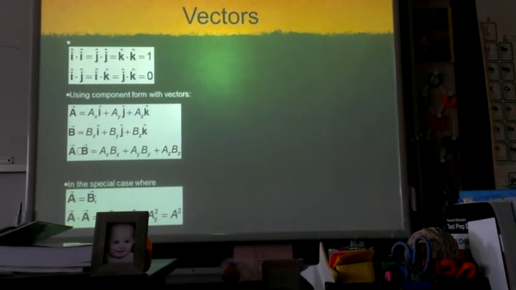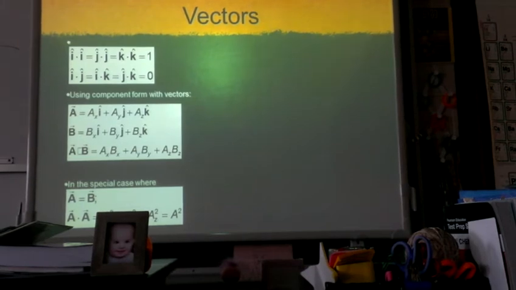Okay? So if we use component form with vectors, which we will probably do in a lot of these problems, I may give you A and I may give you B. A is going to be shown as the magnitude of A in the X direction plus the magnitude of A in the Y direction with J roof to designate that it's in the Y direction, plus the magnitude in the Z direction, which I'll signify with K roof.